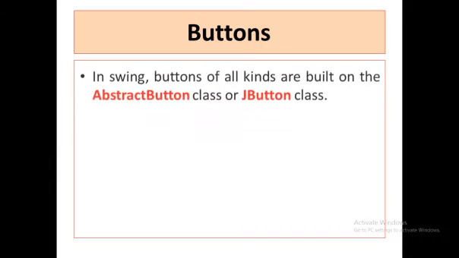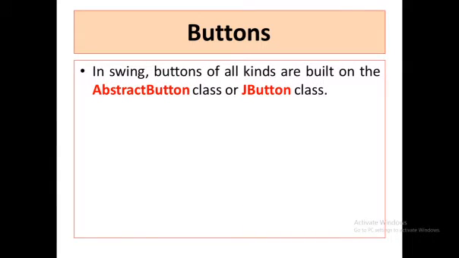It means we may have mouse events and keyboard events. So whenever we use the mouse, we can directly click on that particular button. Whenever we use the keyboard, then we can use the shortcut key also. In swing, buttons of all kinds are built on the AbstractButton class.